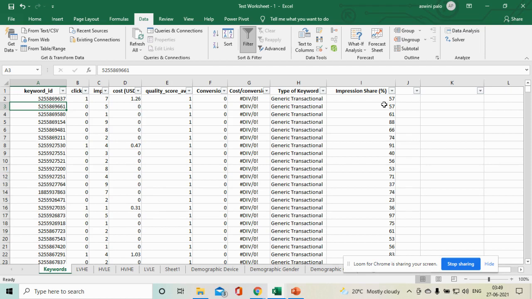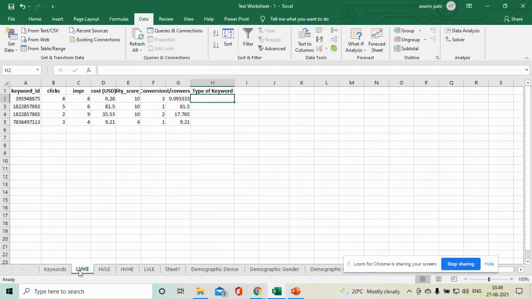Now let's move to the LVHE table. Our first objective here should be to identify what type of keyword it is.